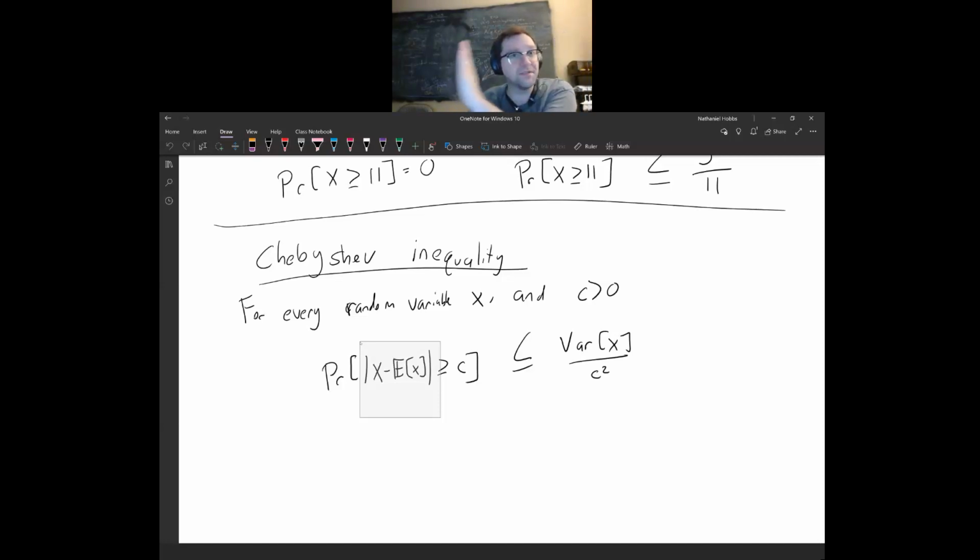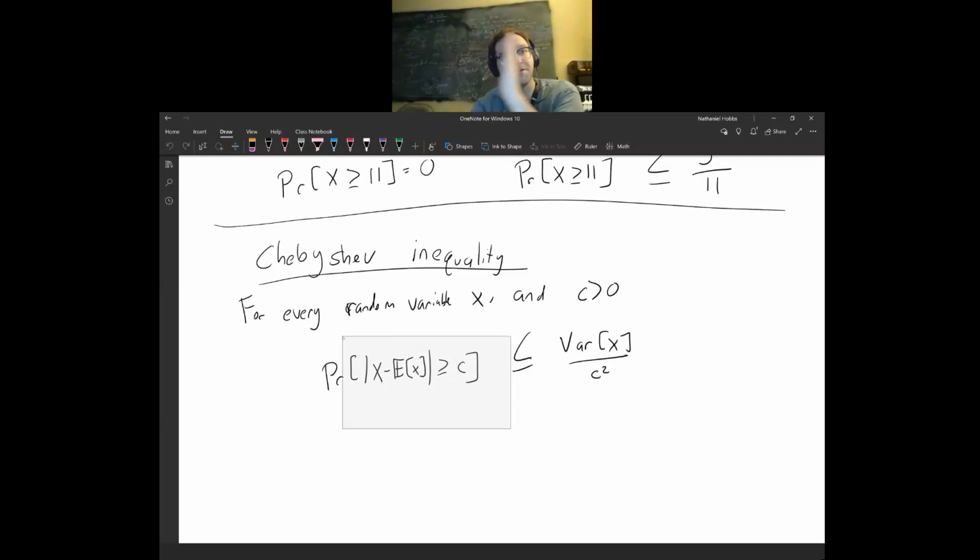If you take the absolute value, then you're allowing that to go to the left or to the right of the expected value. And the probability that you're larger than C means, if C is 1, what's the probability you're 1 away from the expected value? If C is 2, what's the probability that you're 2 away?